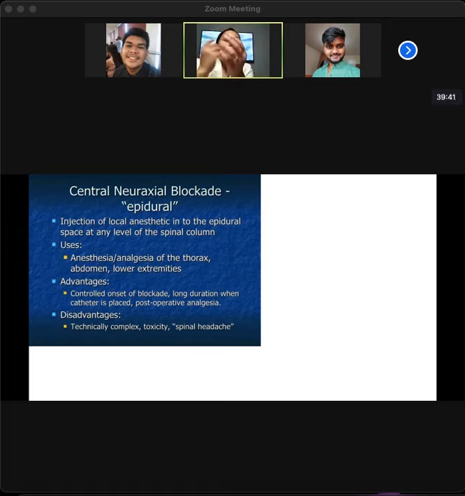Kasi you can top up your local anesthesia as the procedure gets longer, then you can just add up. They can also be used for post-operative analgesia, especially when we add additives such as morphine.